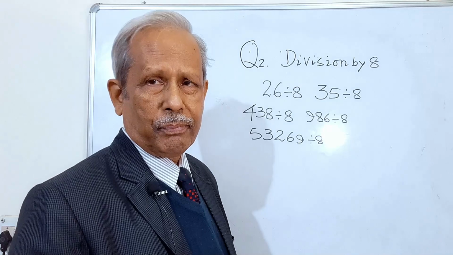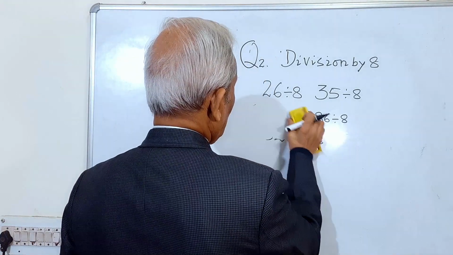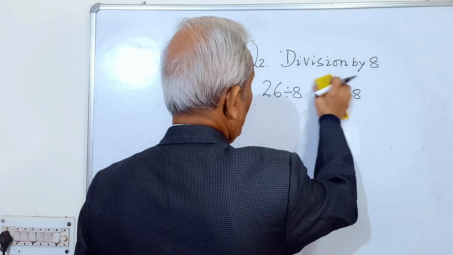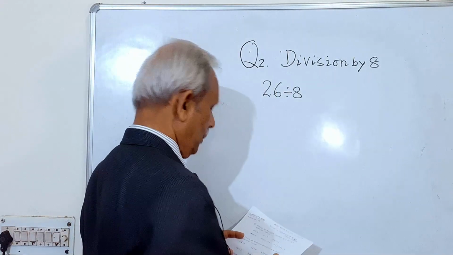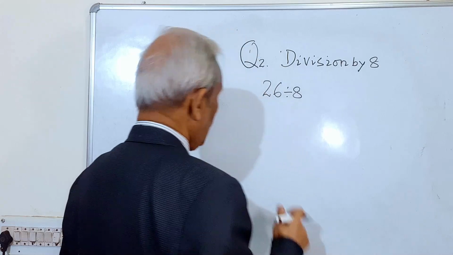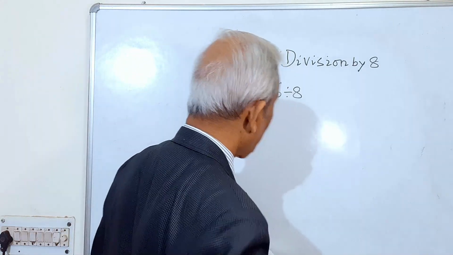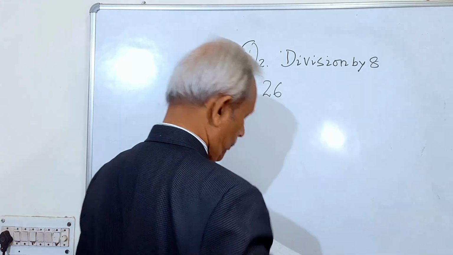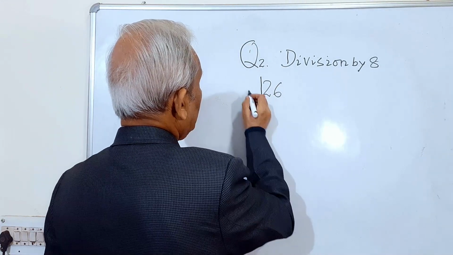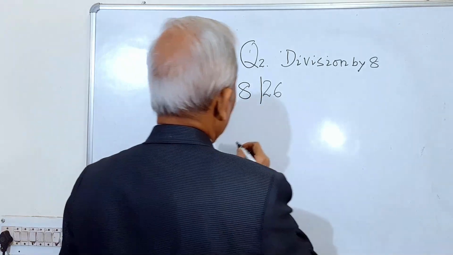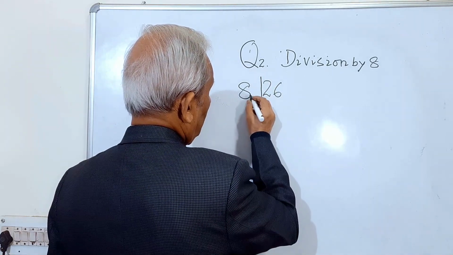So I hope by now you have done the questions. Let us try to solve these questions here. And you can compare what you have done. The first question is 26 divided by 8. As you remember, the complement of 8 is 2.